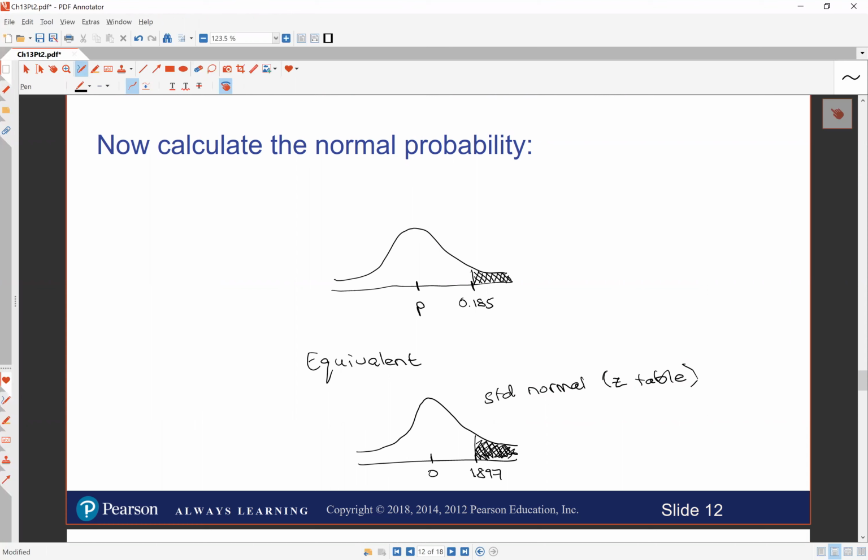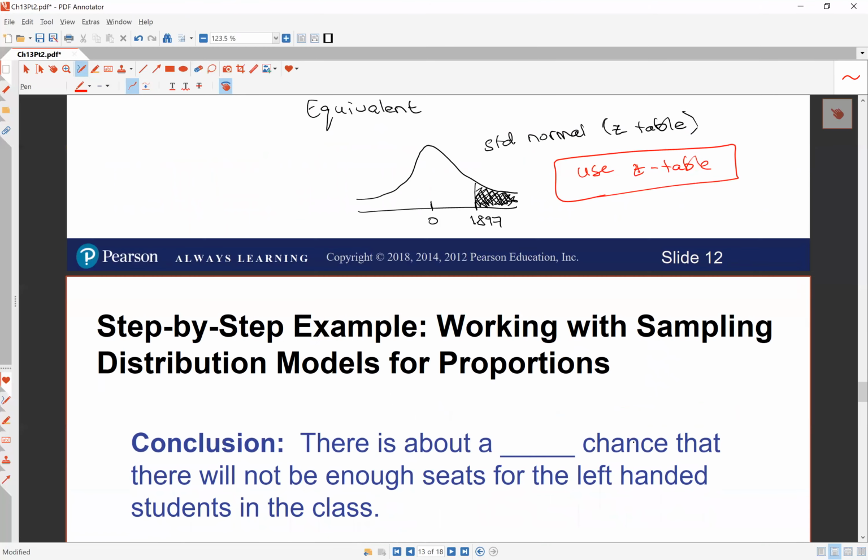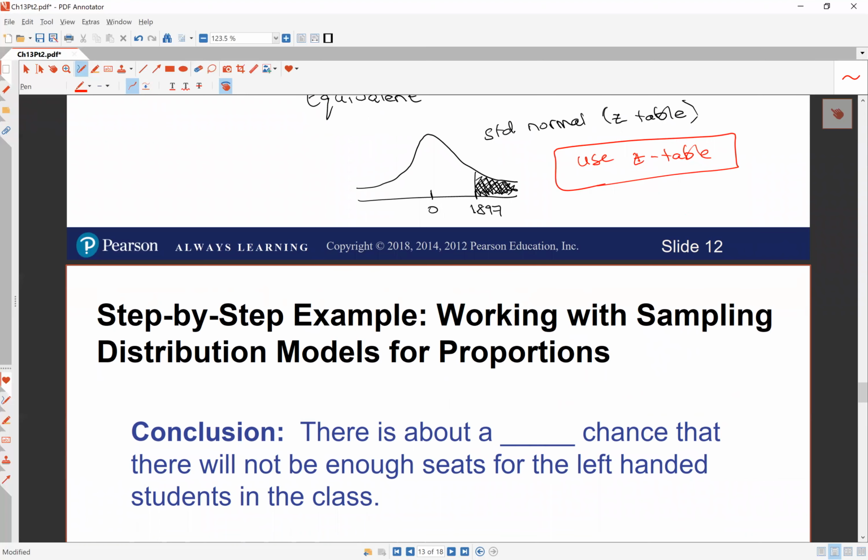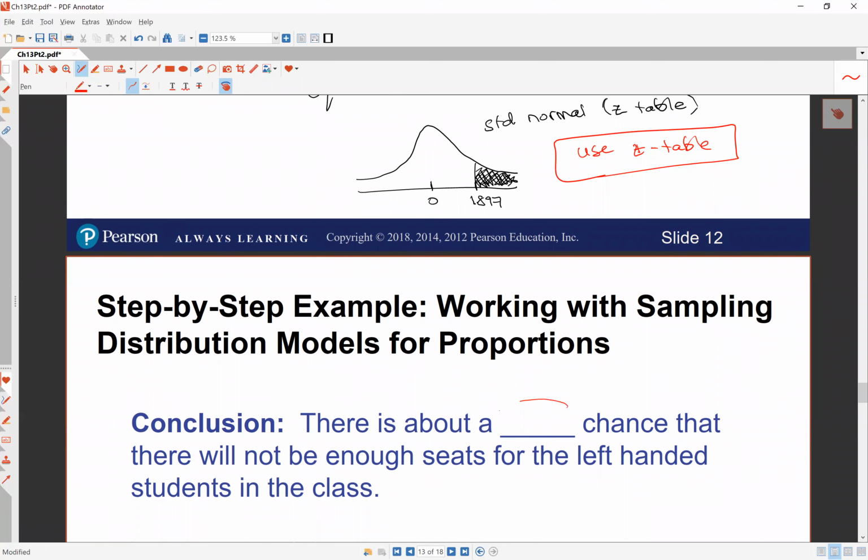And again, we can read this from our table, and we'll dig into that in our examples tomorrow. So we want to use the z-table here to do the calculation. And that ends up telling us what the chance is that we have more students showing up for this lecture than there are seats that can accommodate left-handed students.